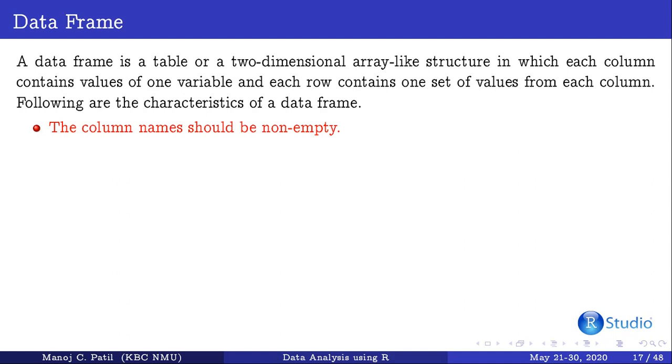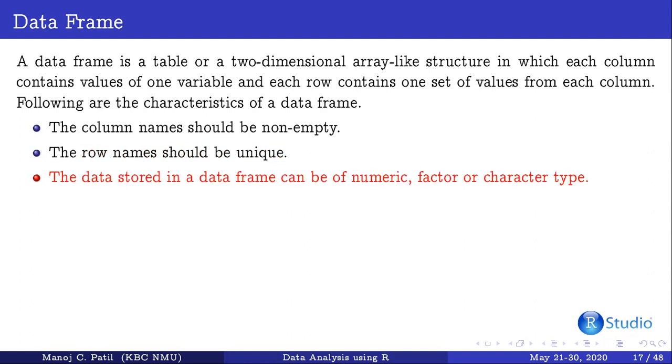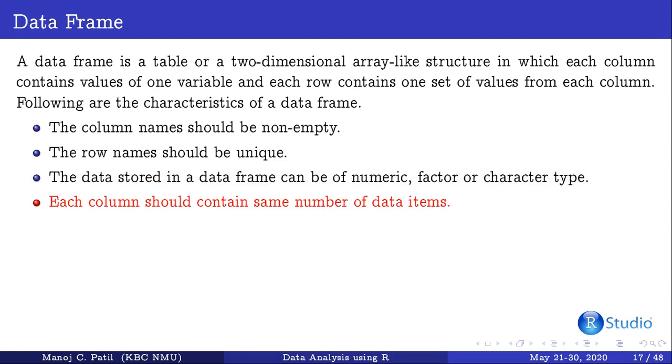That is not the case in matrices. Row names should be unique, students must be unique. The data stored in a data frame can be numeric, factor, or character type, whatever. So there is no restriction. Each column should contain the same number of data items. That is also the case for matrices.